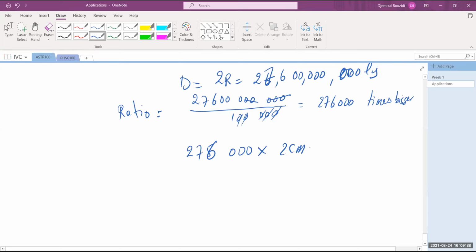If I multiply the two numbers, first of all, 6 times 2, that's 12. 2 times 7, that's 14 plus 1 that we retain, that's 15. 2 times 2, that's 4 plus 1 that we retain, that's 5. So it's going to be 552,000 centimeters.